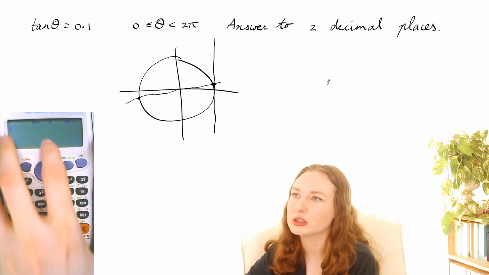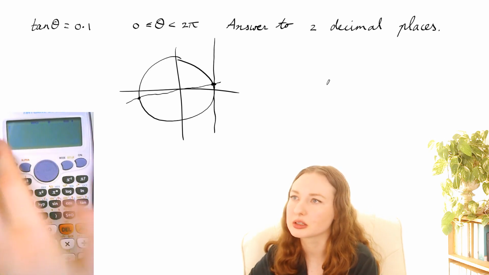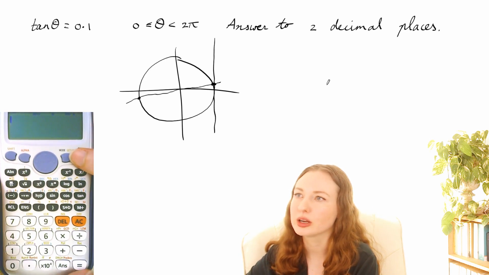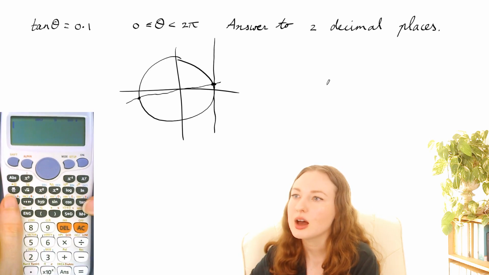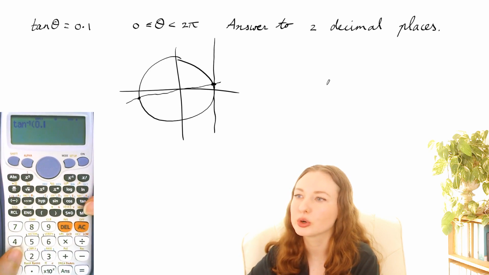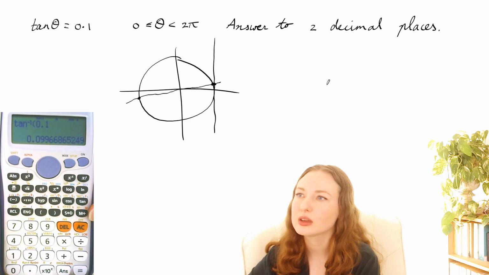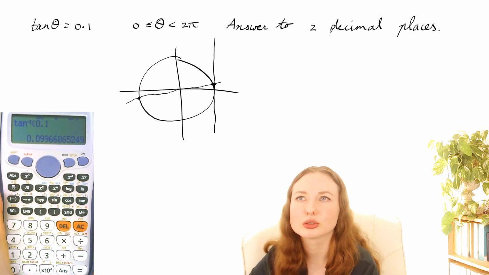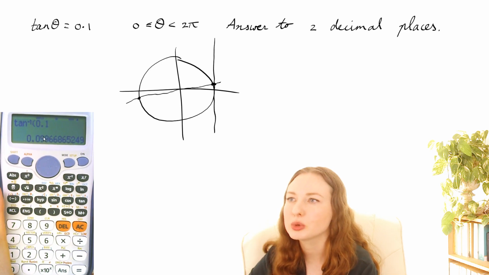Now what we need to do is change this into radians because it's in degrees at the moment, so you're set up in radians first. Okay, and then we can go arctan of 0.1, 0.099. So if we want to round that to 2 decimal places, that gets rounded up to 0.10.